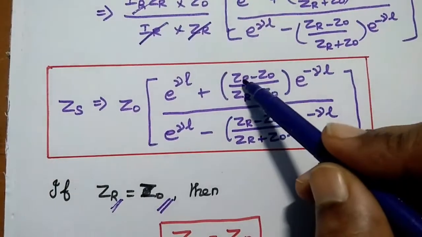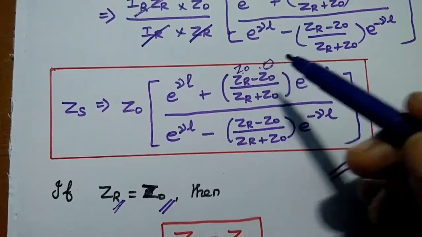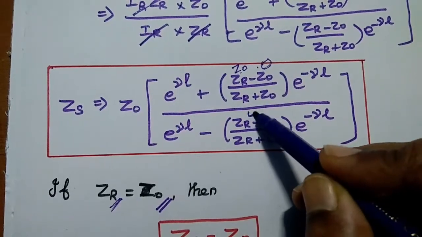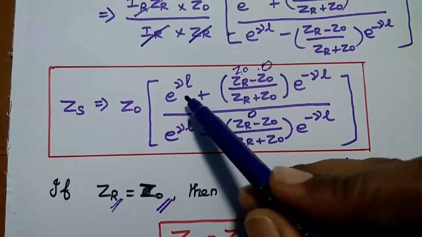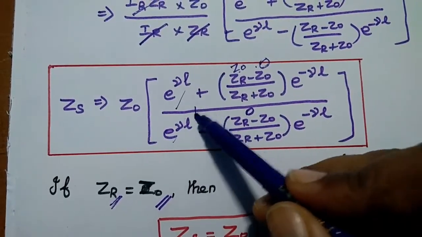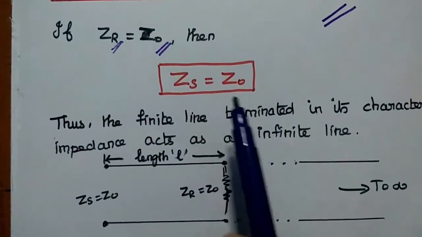Then here ZR becomes Z0. Z0 minus Z0, the whole term becomes 0. The same thing here, Z0 minus Z0, the whole thing becomes 0. So here we are having e power gamma L divided by e power gamma L. We can cancel these two terms, then it becomes 1. So we can get the answer as ZS is equal to Z0.